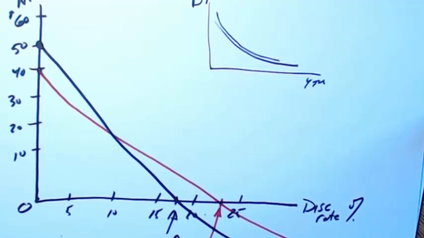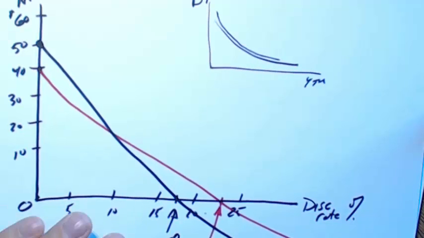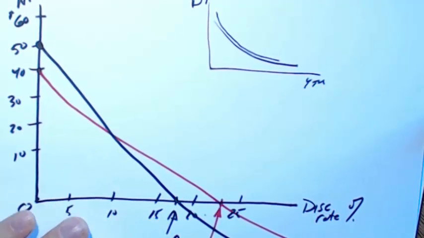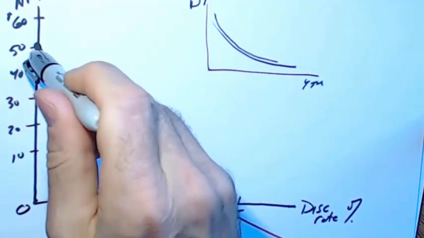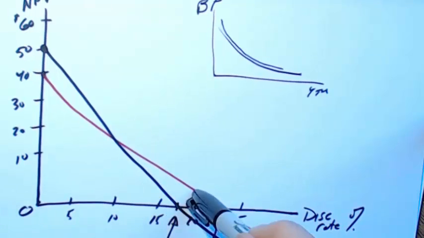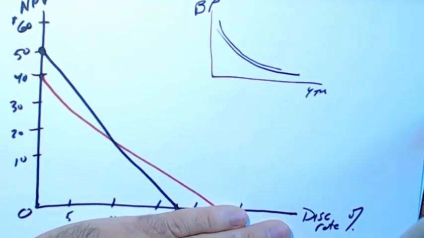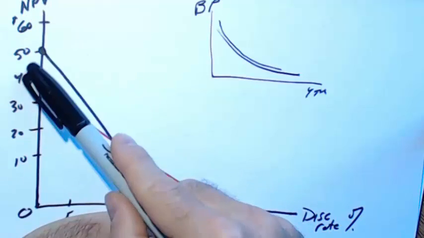So the point is, now you've got these two net present value profiles. The red is project S, and the black is project L. All the numbers graphed here are net present value calculations.